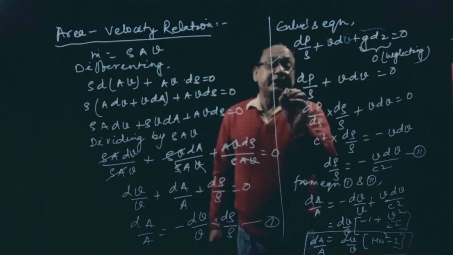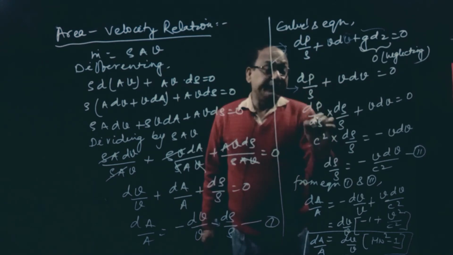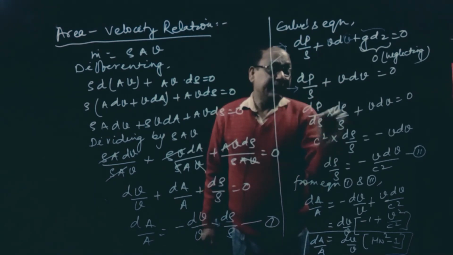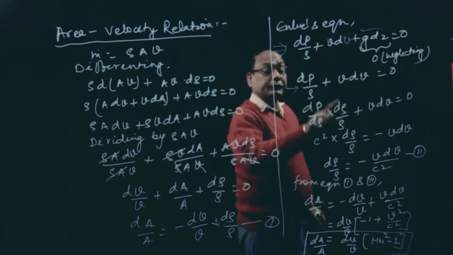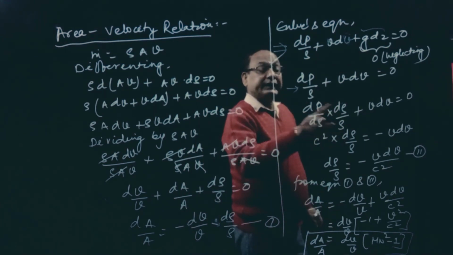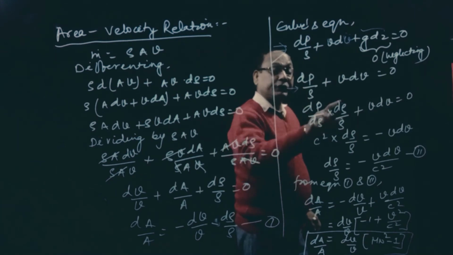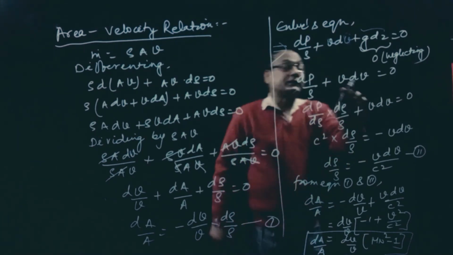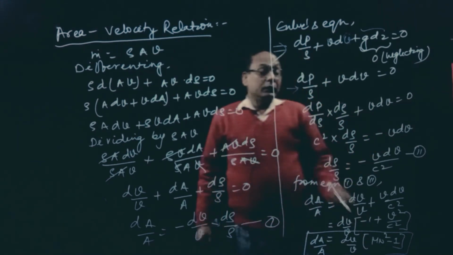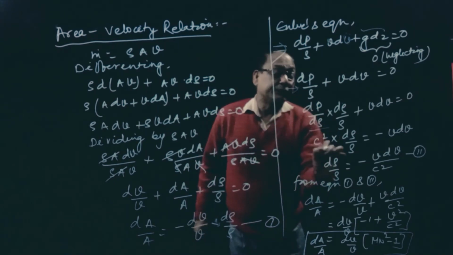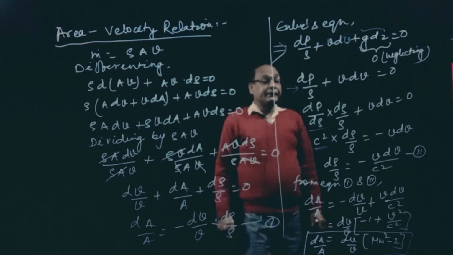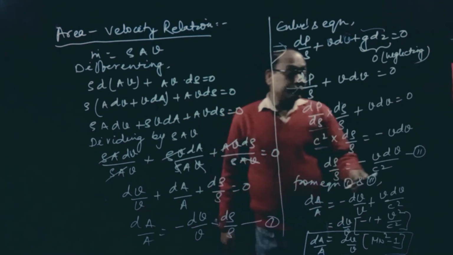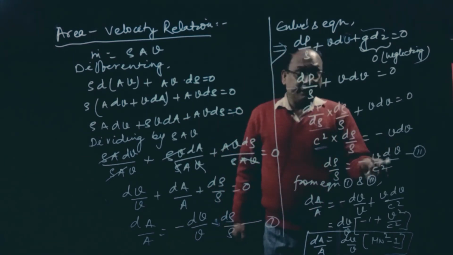Here we multiply and divide by d rho, so dP by d rho into d rho by rho plus V dV is equal to 0. dP by d rho is nothing but C square, into d rho by rho is equal to minus V dV. So d rho by rho will be equal to minus V dV by C square.